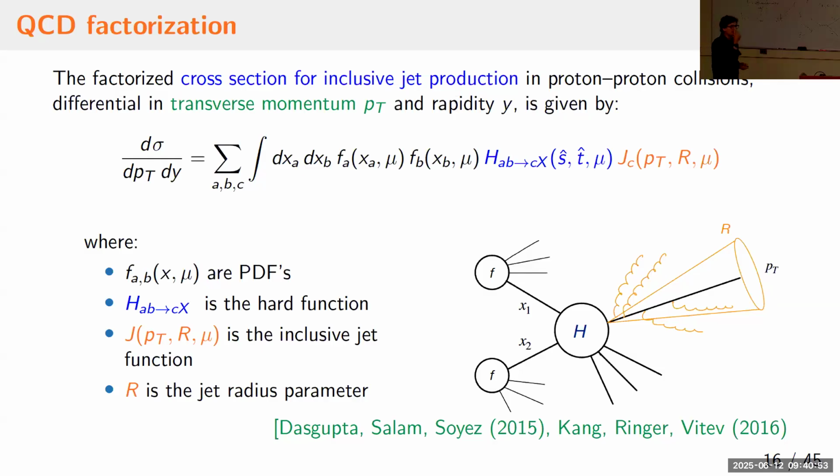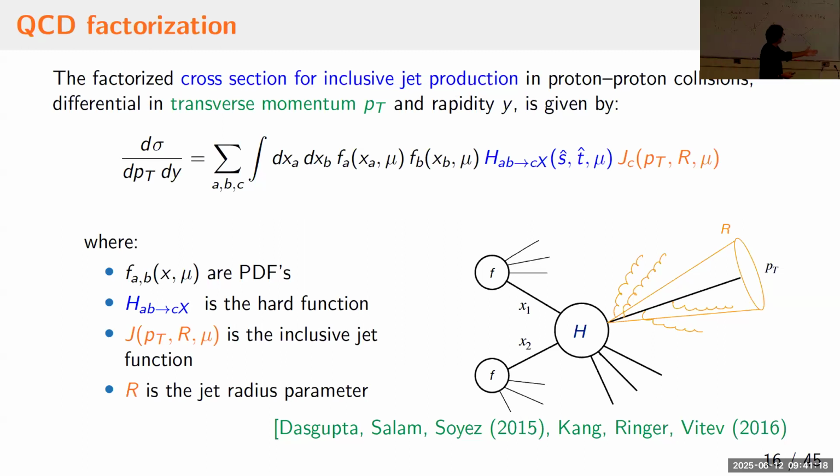Can you repeat the difference between the hard function and the inclusive jet function? Yeah, sure. So the hard function is basically just computing the hard matrix element involving the elementary particles in the process, right?